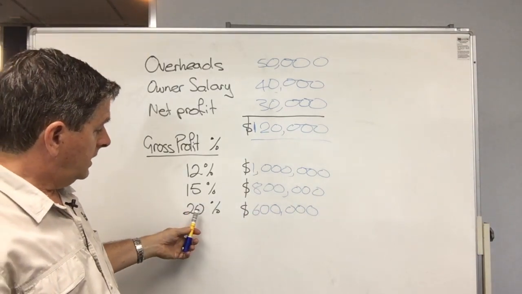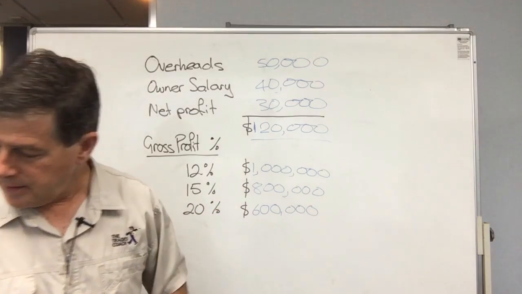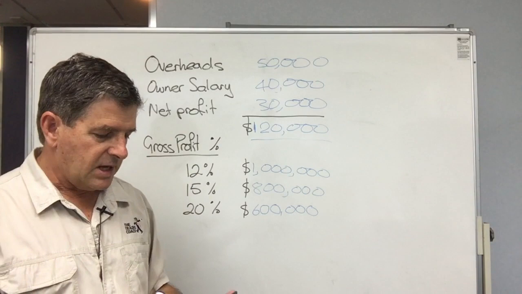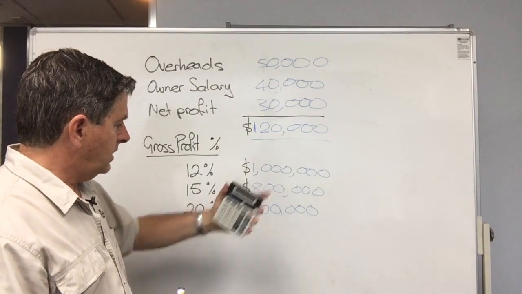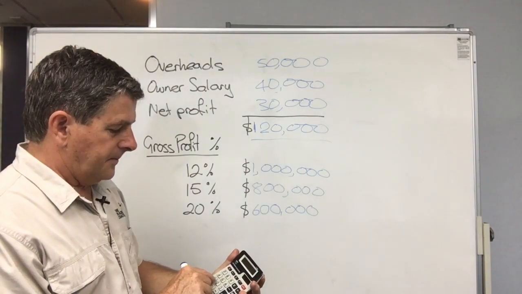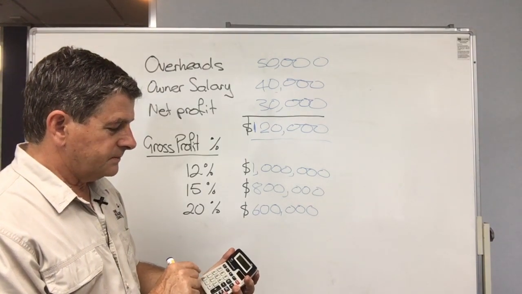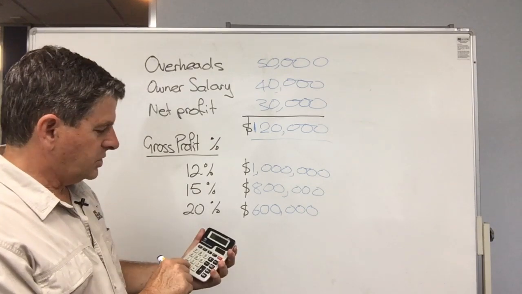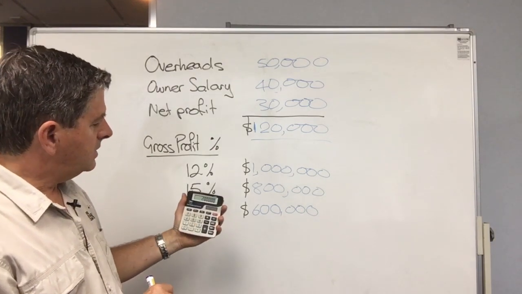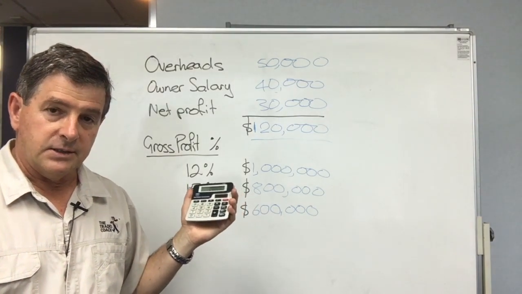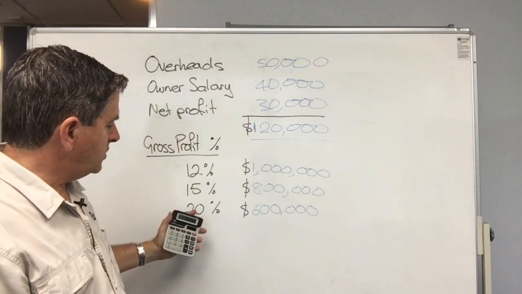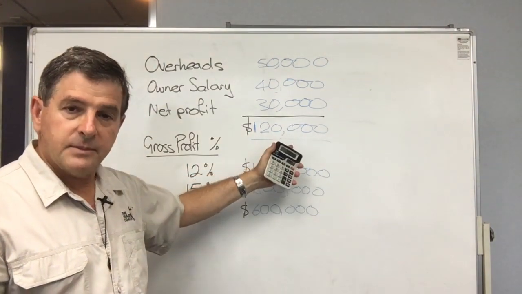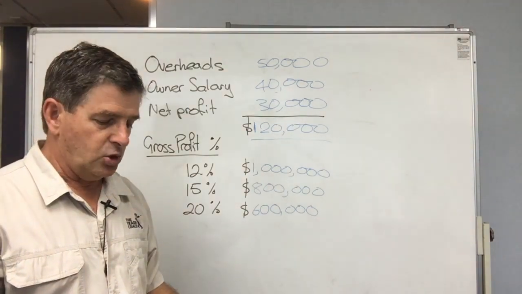If you're at 15 and aim for 20, for example, and you get to do $1 million worth of work, times 0.2, the gross profit at that level means on $1 million worth of work at 20%, you're earning $200,000 worth of gross profit. So way more than that, and all that extra money is going into your pocket.